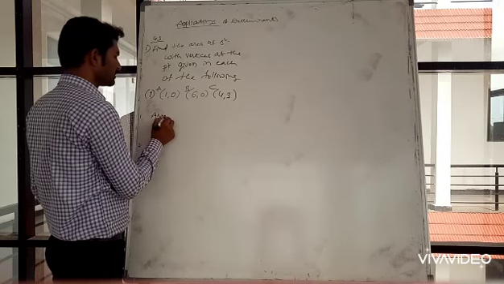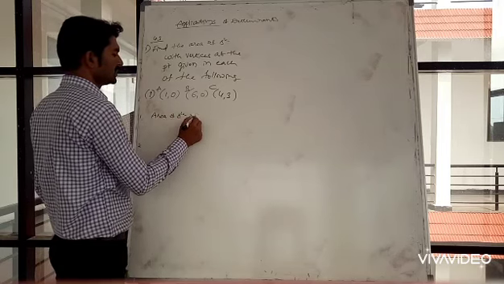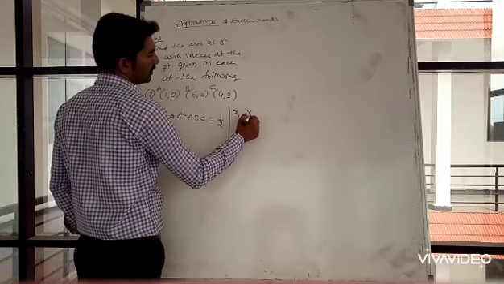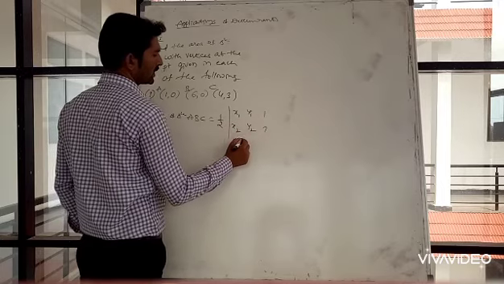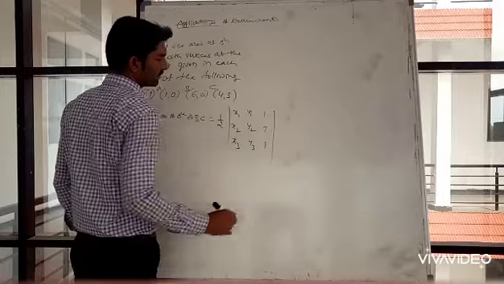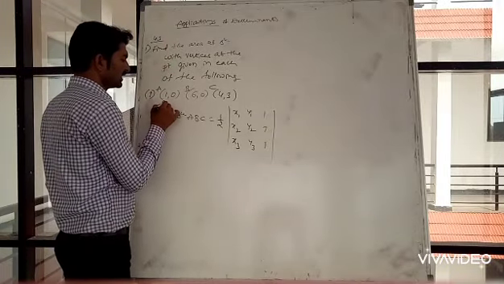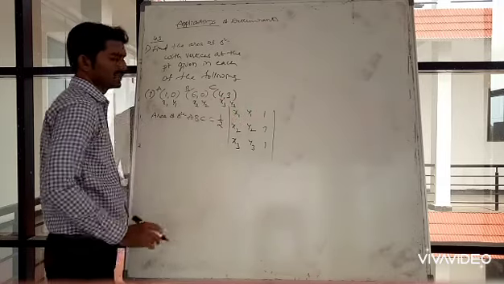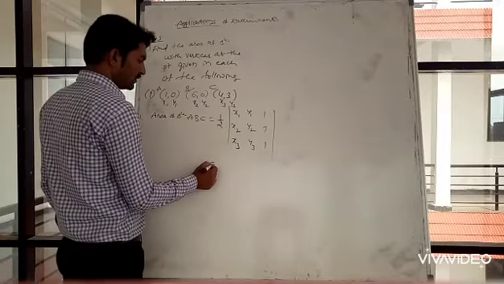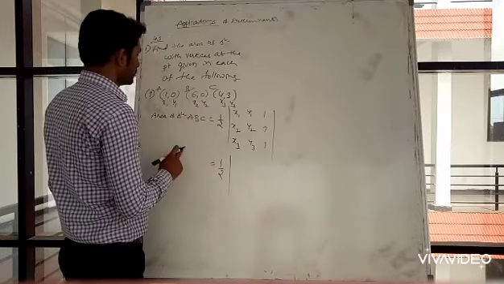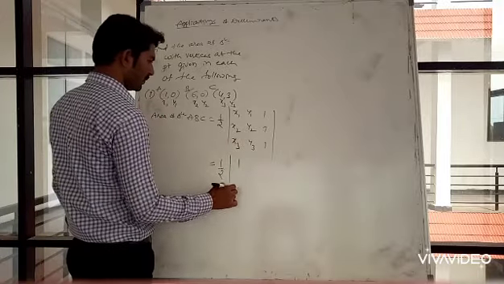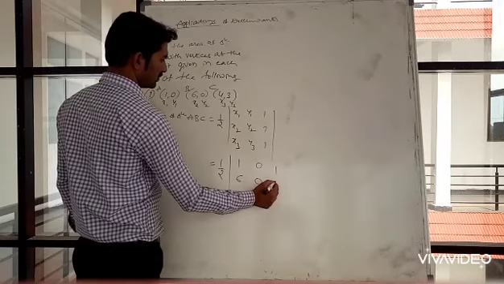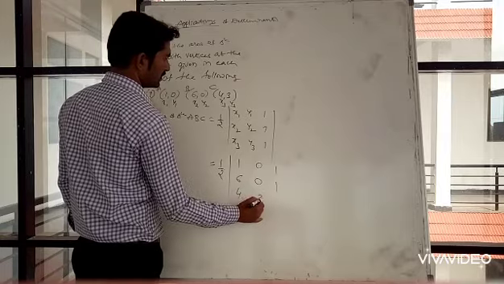The area of triangle ABC is equal to half into the determinant x1, y1, 1, x2, y2, 1, x3, y3, 1. Now consider x1, y1, x2, y2, x3, y3. Which is equal to 1/2 determinant: 1, 0, 1, 6, 0, 1, 4, 3, 1.